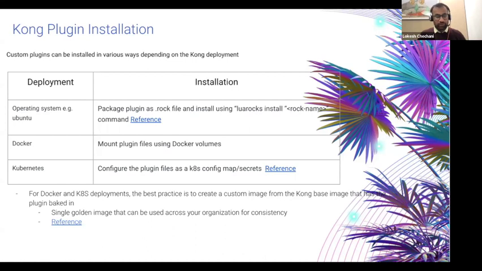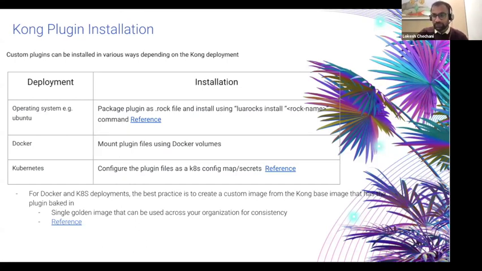Kong can be deployed in many ways, right? You can deploy it directly onto a VM, on your operating system, or in a container, or in Kubernetes. When you deploy Kong directly onto a VM on an operating system, you would just install this plugin via LuaRocks, which comes handy within Kong itself.